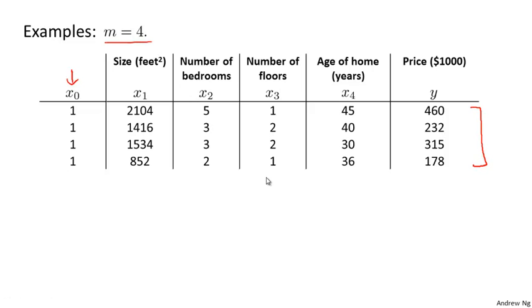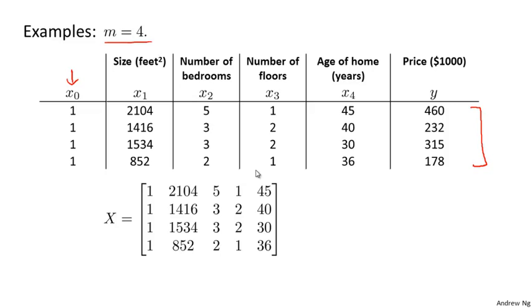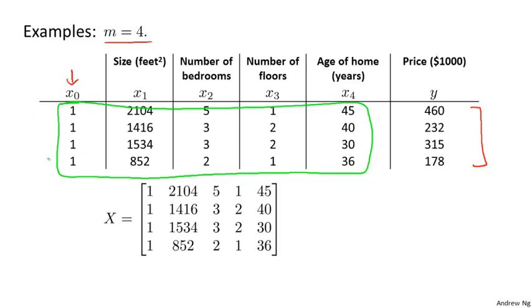I'm then going to construct a matrix called capital X. That's a matrix that basically contains all of the features for my training data. So concretely, here are all my features. I'm going to take all those numbers and put them into this matrix X. So just copy the data over one column at a time.